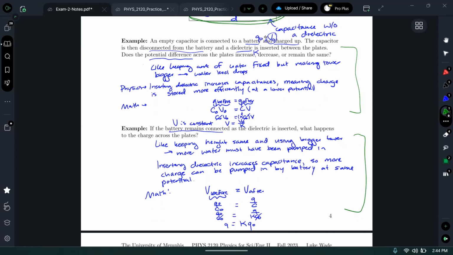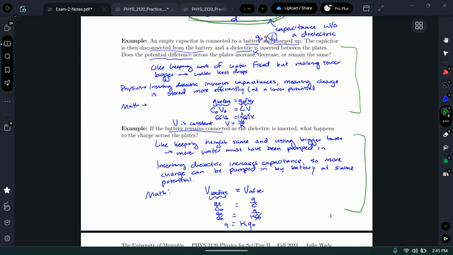If you have a dielectric and you have not put it in your capacitor yet, that capacitor has a certain capacitance. When you slide that dielectric in, it's going to increase that capacitance. Depending on whether the charge across the capacitor is fixed or the voltage across it is fixed, that will change something and keep something the same.